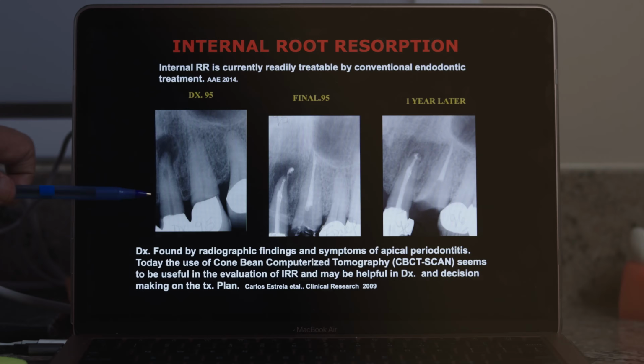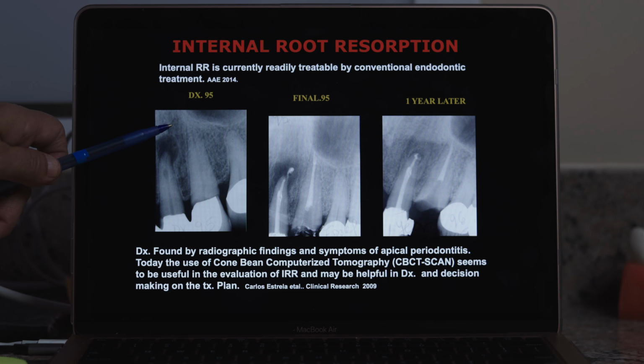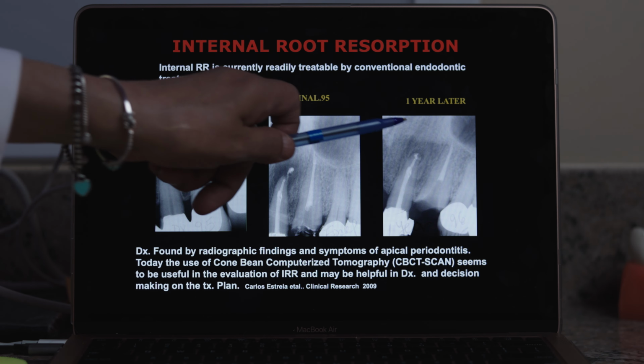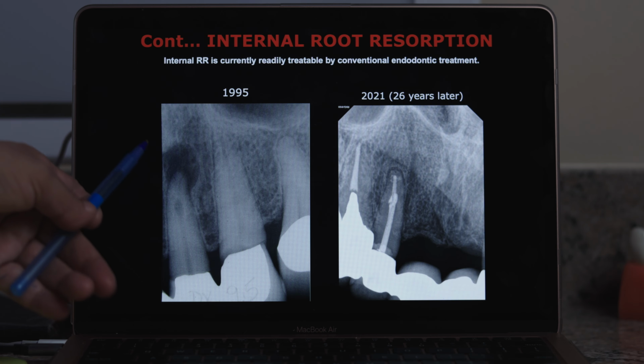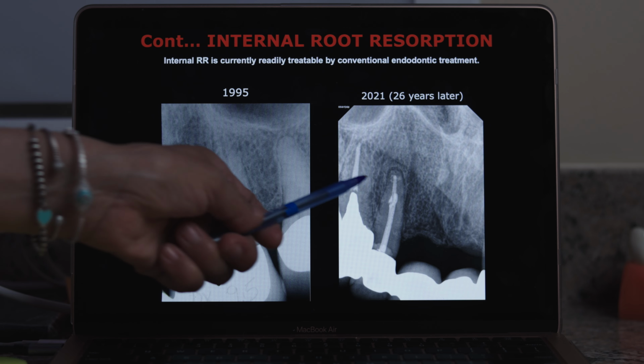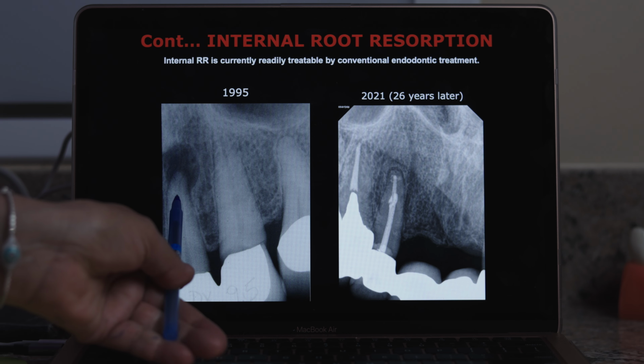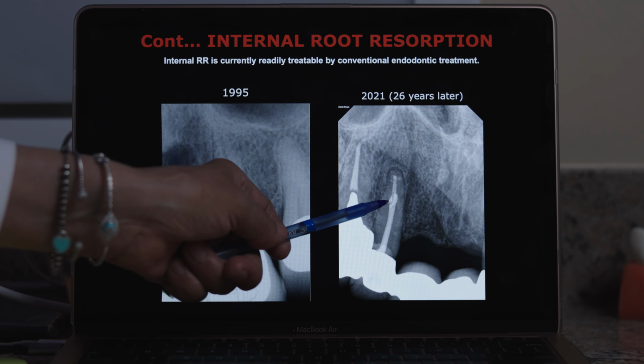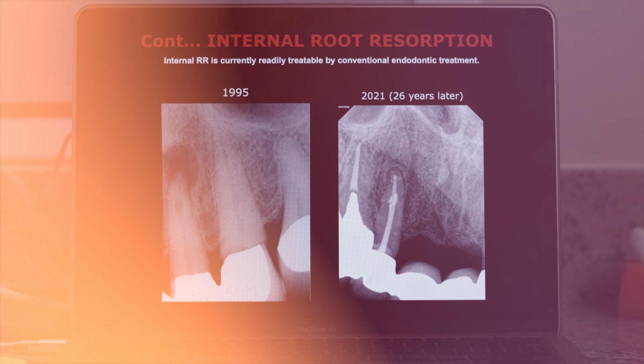The infection was so big that it started getting smaller, and a year later some of it is still present, but already healing. All this darkness is now gone. And the internal resorption that we treated here is still the same.